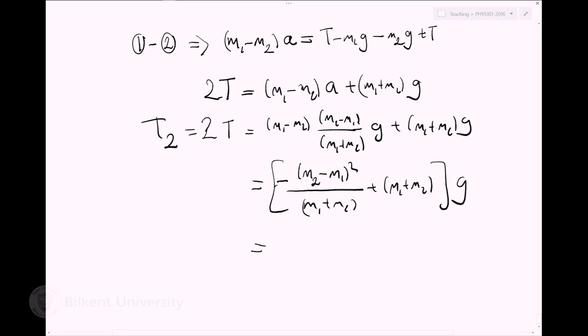So all in all, (m1 plus m2) squared minus (m2 minus m1) squared divided by (m1 plus m2) times g.